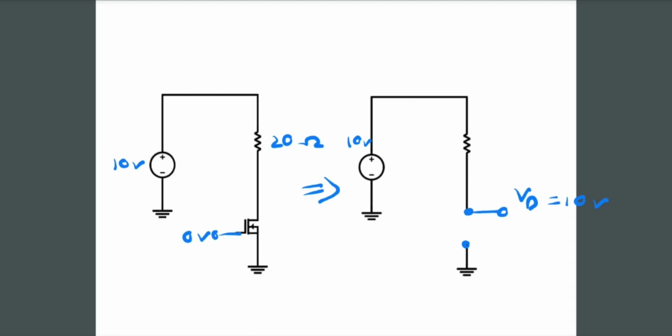So we can say if we are using a pulse at the gate of this MOSFET, let me draw the graph first.